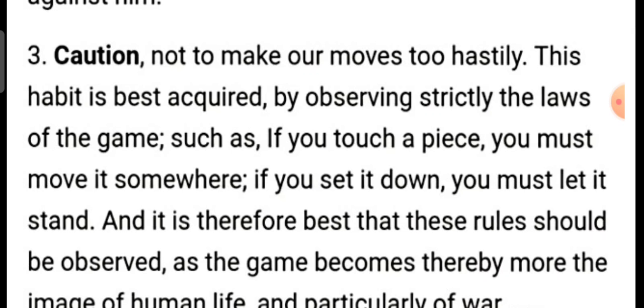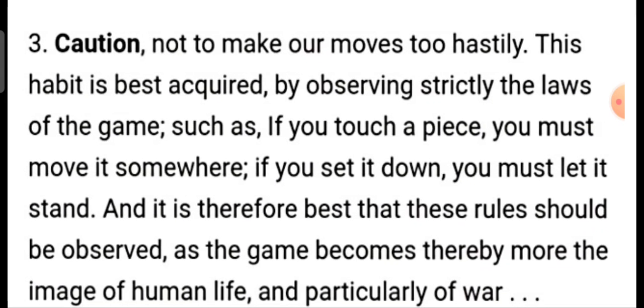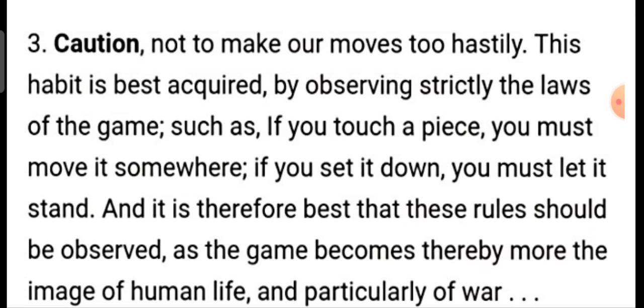And it is therefore best that these rules should be observed, as the game becomes thereby more the image of human life, and particularly of war, the war which we face in our day-to-day life. If you have set down something, you must let it stand there and observe whether you are right or wrong and face it.